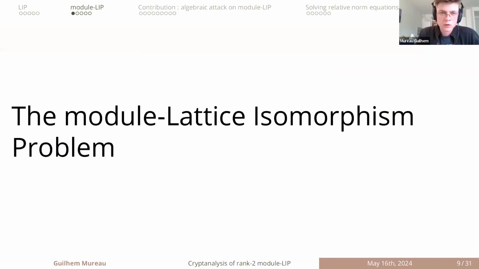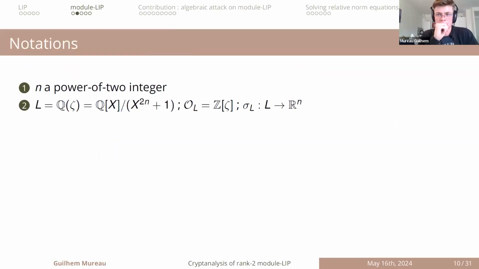Okay, so now let's move on to the algebraic variant. This time I fix a power of 2 integer n, and we will work with the cyclotomic field L generated by a 2n-th primitive root of unity zeta. Its ring of integers is generated by zeta, the root of unity.